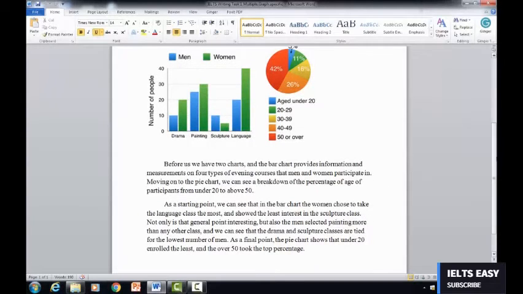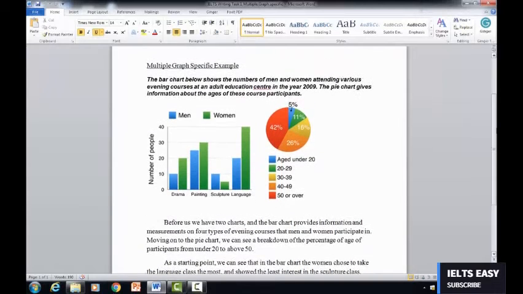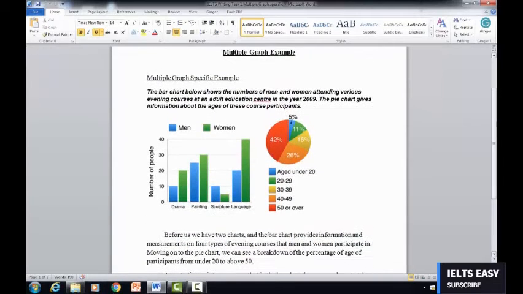Now when we're looking at our 3rd and 4th paragraphs, we have to break it into 2 parts, as you've seen in our examples for the line graph and the bar chart.